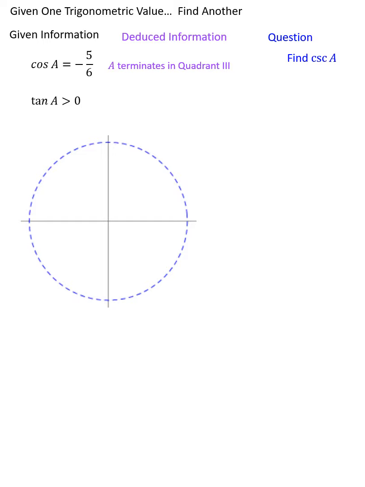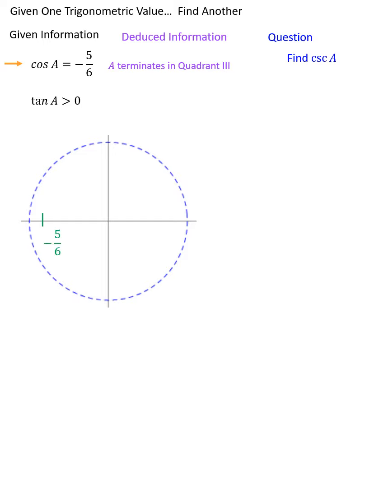Now notice I haven't used the 5/6 itself yet. I've simply used the positive and negative nature of tangent and cosine in this particular case to deduce that A terminates in quadrant 3. That's extremely helpful for me to be able to draw a diagram. Now let's specifically take the number 5/6. Cosine of A is negative 5/6.